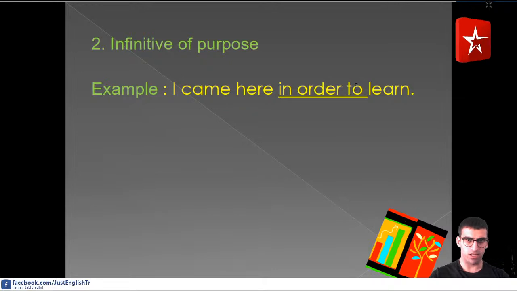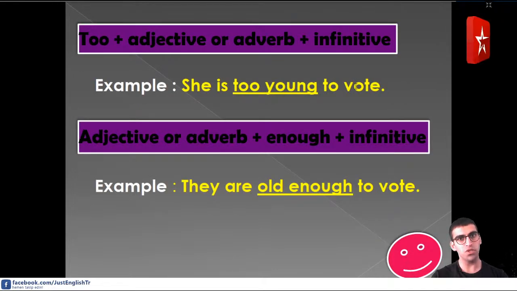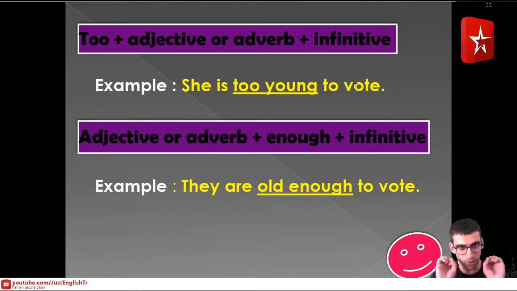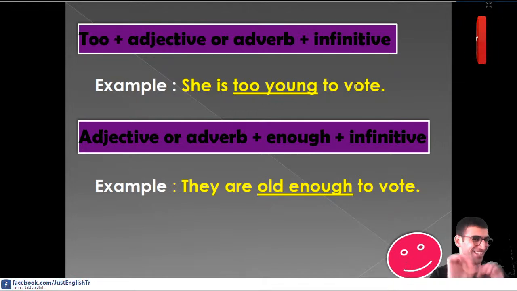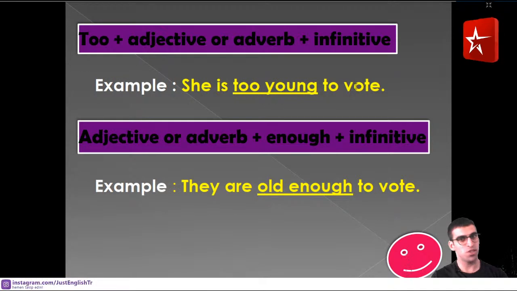All right, let's continue. To plus adjective or adverb plus infinitive. That is a good rule. Be careful, guys. Please look closely as much as you can. Okay, open your eyes. Be careful and listen carefully to me here. She's too young to what?